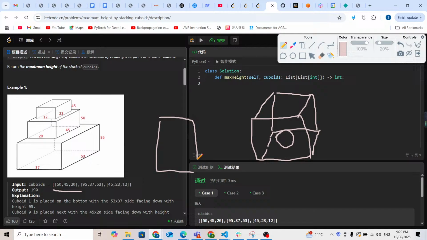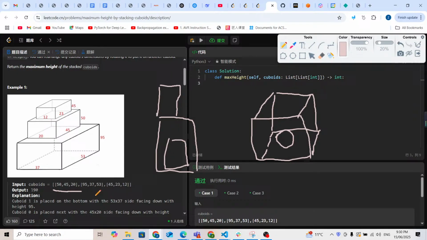For example, this is going to be the highest, because if we turn this cuboid inside by any 90 degrees around the x, y, or z coordinates, it doesn't matter. It will still be inside if it meets the conditions. So we can still turn it. If it is like this, it is not okay, so we turn it like this, and then put it here. We stack it up here, and it's going to be higher. So this is the greedy idea.